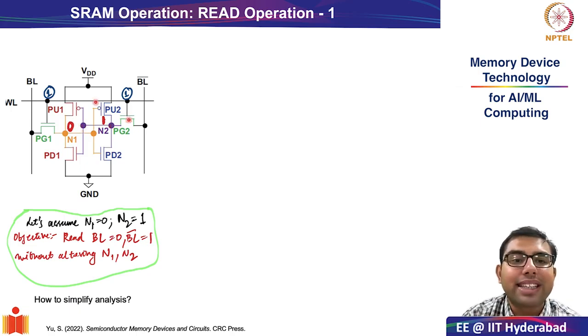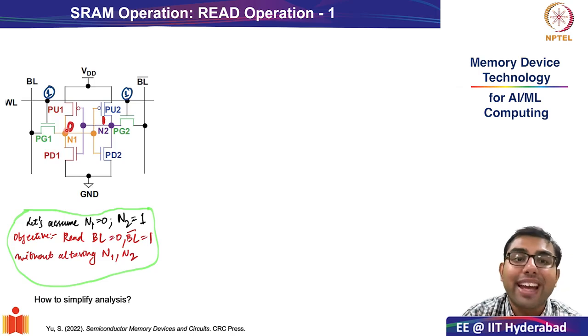And of course, we have the pass gate transistors whose gate is controlled by the word line, and the ends of the pass gate transistors are connected to bitline and bitline bar. Therefore, bitline has access to storage node N1, and bitline bar has access to storage node N2. In this setup, let us assume that we have 0 written in storage node 1, as I have indicated, and 1 written in storage node 2.